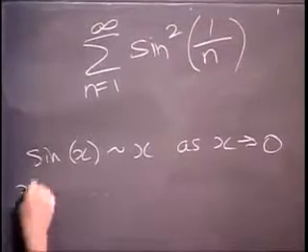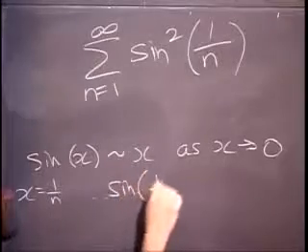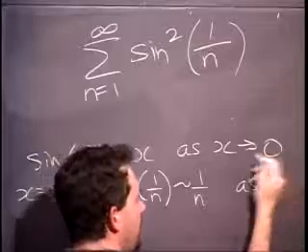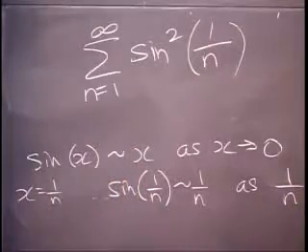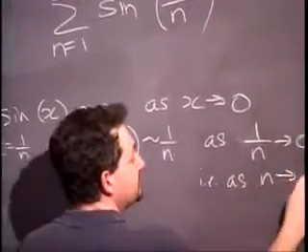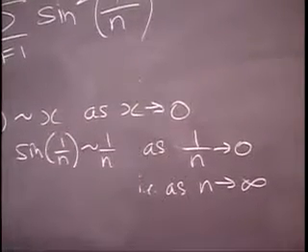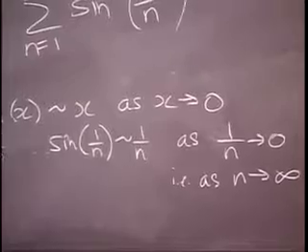If we let x equals 1 over n, then we have sine 1 over n twiddles 1 over n as 1 over n goes to 0, i.e., as n goes to infinity, or even minus infinity. So, sine 1 over n behaves like 1 over n.